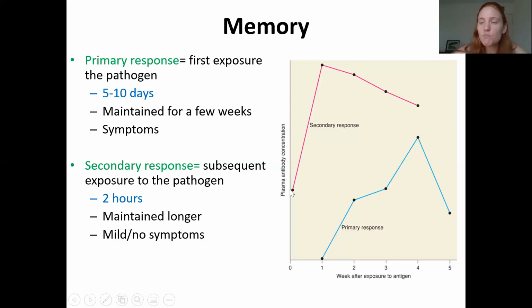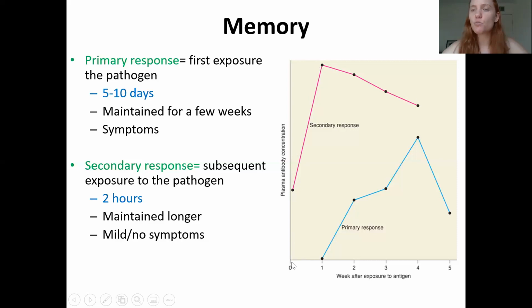Now let's say you get better and you go out again and somebody else coughs right in your face, and now you've got the same exact strain of flu virus again. This pink line here is representing your second exposure to the exact same flu virus. One thing I'd like you to notice is not only do you get a much, much bigger response, lots and lots more plasma cells, but it happens much, much quicker.